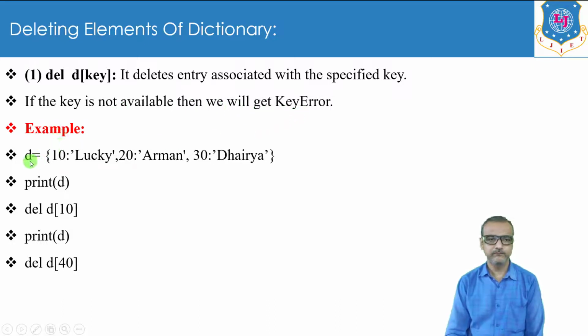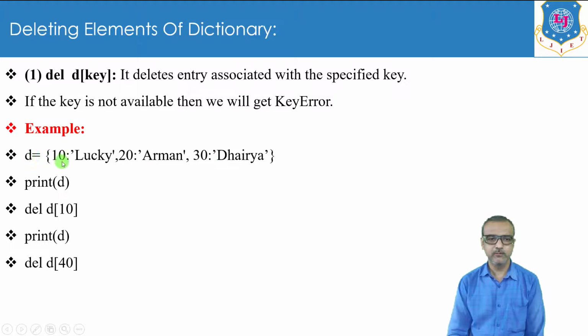For example, here is the dictionary named D. For key 10 we have Lucky, for key 20 we have Arman, and for key 30 we have Dhairya. Print of D will give us this dictionary. If we write del of D of 10, Lucky will be removed from this dictionary.